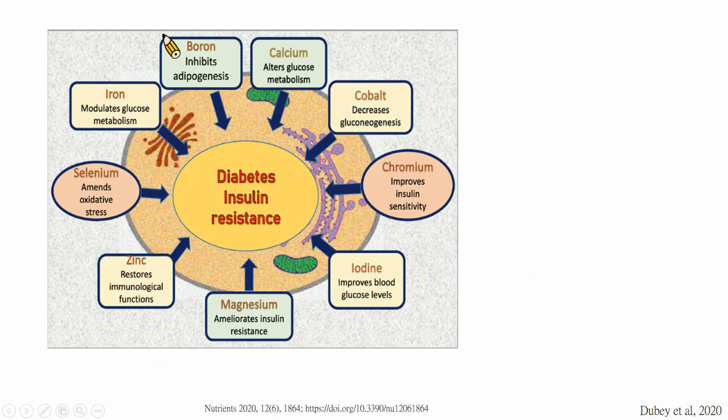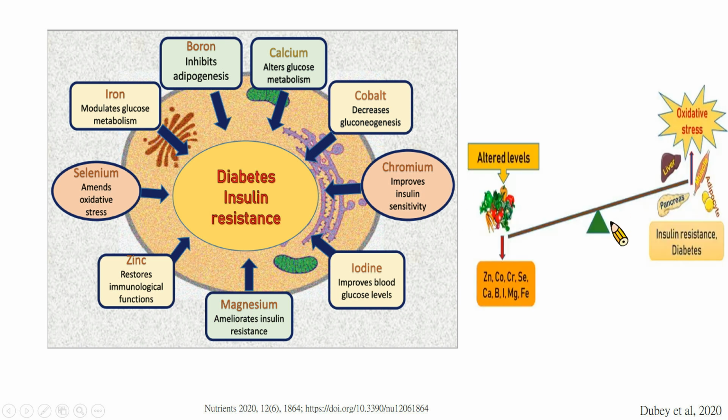For example, we have different types of essential trace elements and also macro elements like calcium. We know they may affect our glucose metabolism or lipid metabolism. But if the expression or concentration of these trace elements is altered in our body, it may increase oxidative stress and promote inflammation.